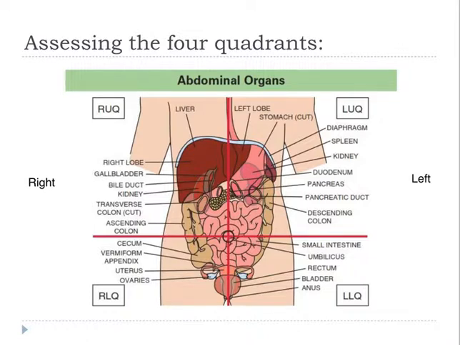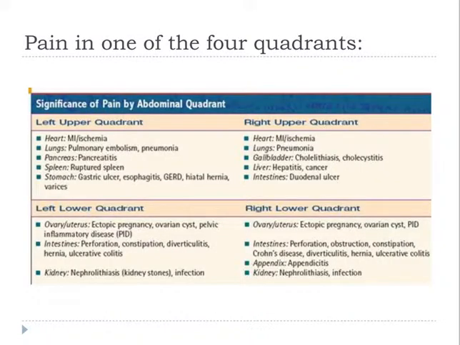So keep in mind what's located in each quadrant, and that kind of gives you an indication as to maybe why they're having the pain that we're having in that specific quadrant. So this slide talks to you about what could be the significance of the pain broken down by quadrant.